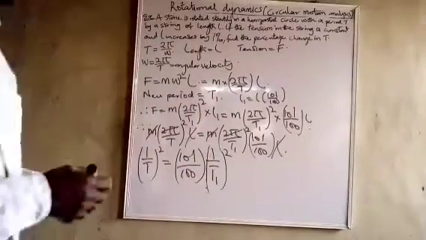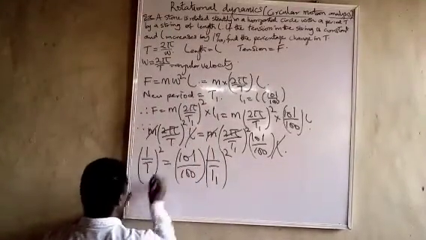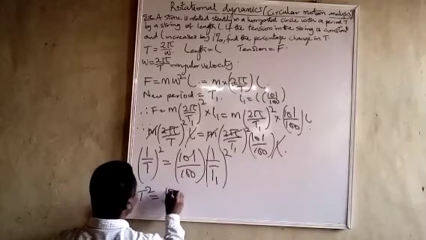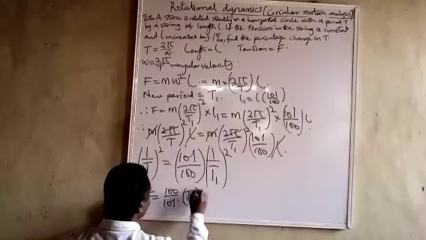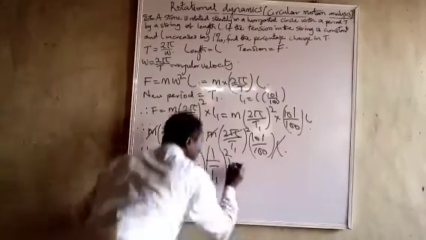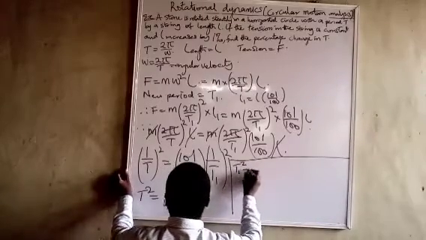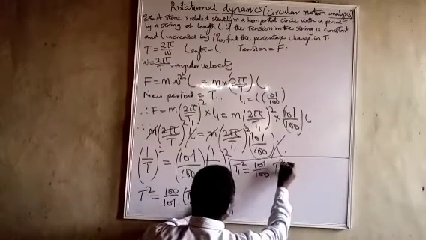To find the percentage change, once we have gotten to this stage, we can say the reciprocal is true. That is T squared is equal to 100 over 101 T1 squared. So we can say that T1 squared will be equal to 101 over 100 T squared.